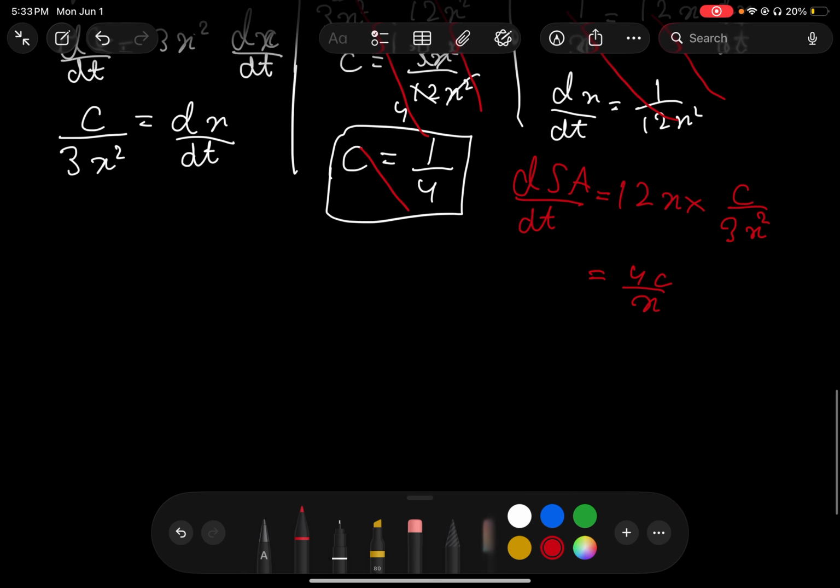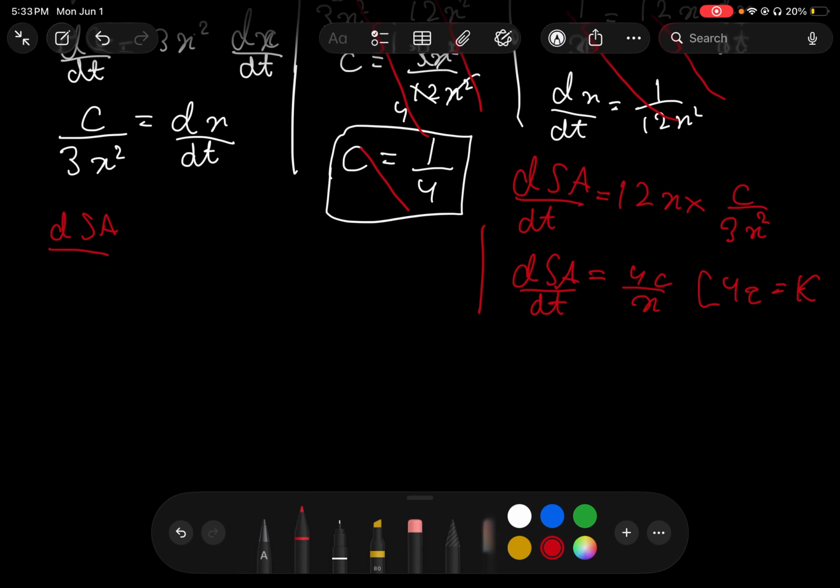Okay, so I will write that for c is equal to k, dsa by dt is equal to k upon x, and for my explanation, is it this one or this one?